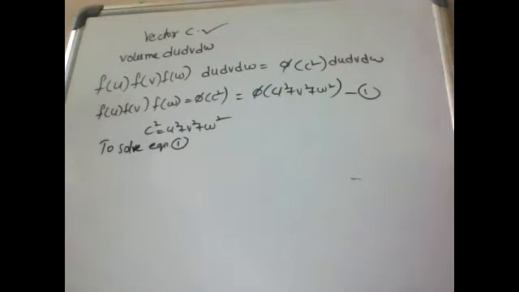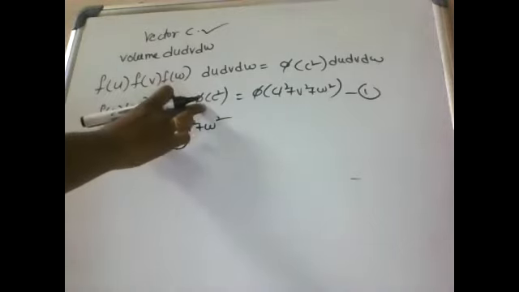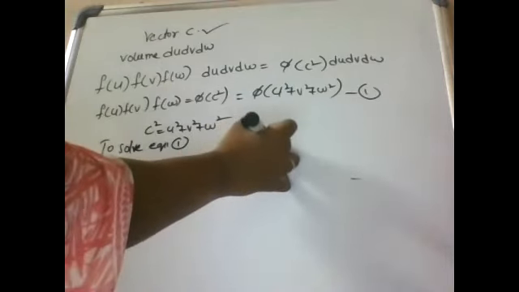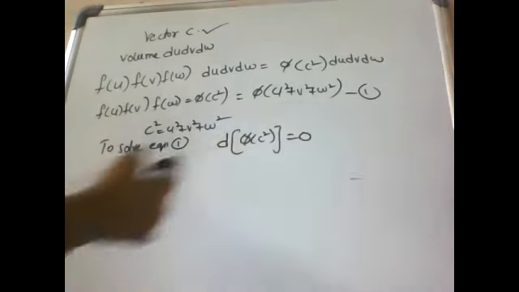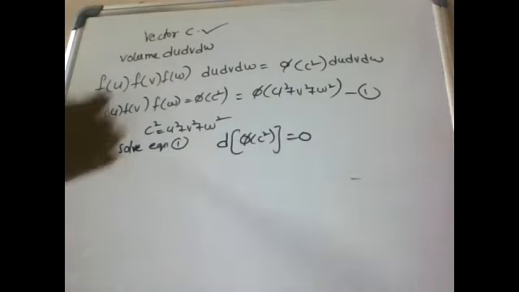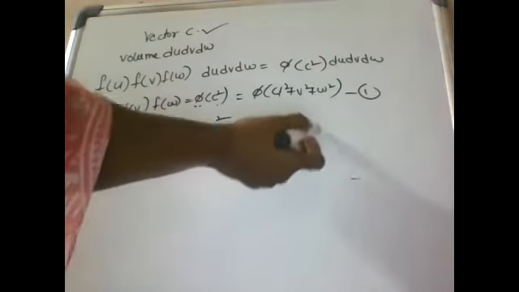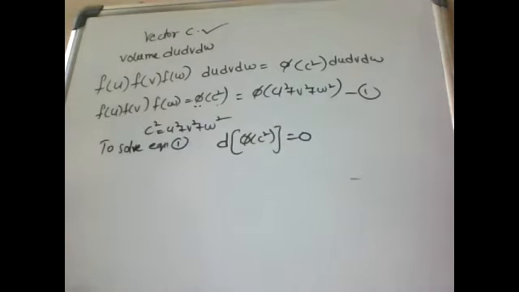To solve equation 1, we differentiate this quantity and set it equal to 0. That means d of φ(c²) equals 0. After differentiation that value equals 0.